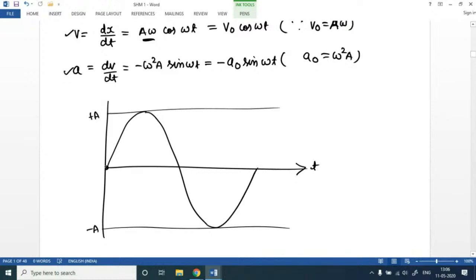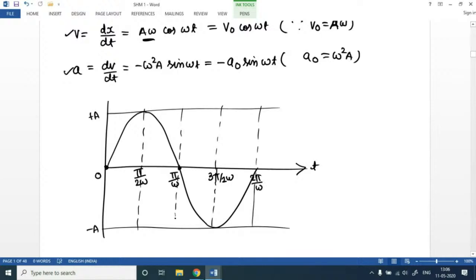Okay, you should realize this is 0, and this time would be nothing but pi by 2 omega. This time would be pi by omega. This is 3 pi by 2 omega, and this here is 2 pi by omega over here. Okay, so this pattern will keep on repeating itself, you should realize.